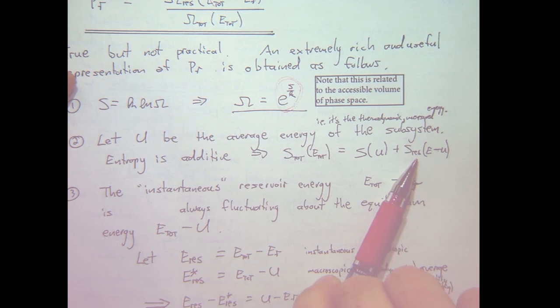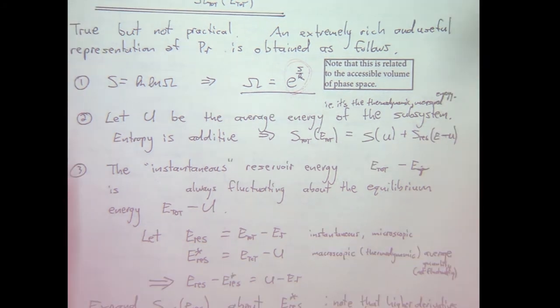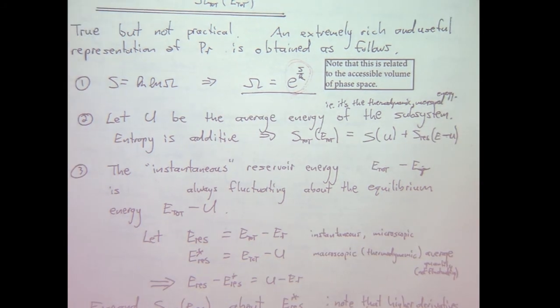And this entropy is additive comes from where? Which part? That comes from the fact that the subsystem and the reservoir are statistically independent. Yeah, the axiom of probability multiplication. You know, it's true up to terms of log n.